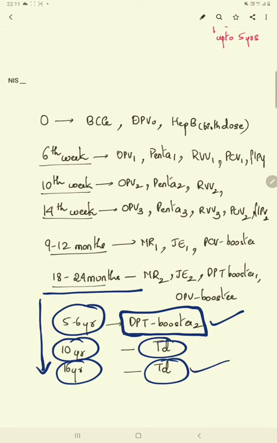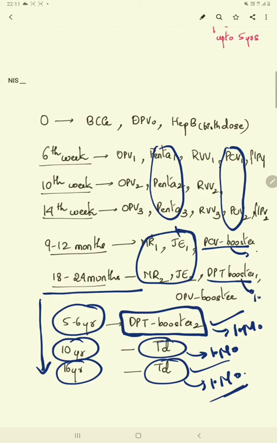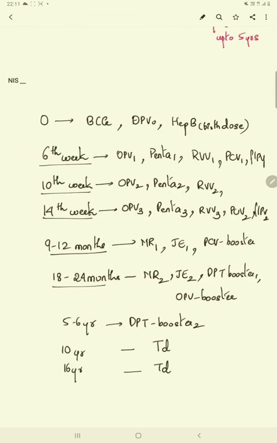These are all intramuscular routes. The MR and JE are subcutaneous. PCV, as we already talked about, the PCV booster is also intramuscular. DPT in the pentavalent was intramuscular, so the DPT booster will also be intramuscular, and the OPV booster is oral, right?